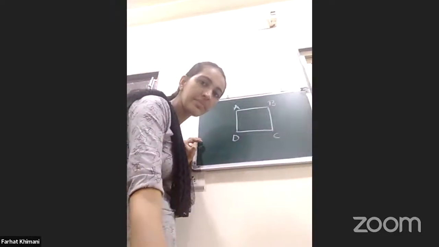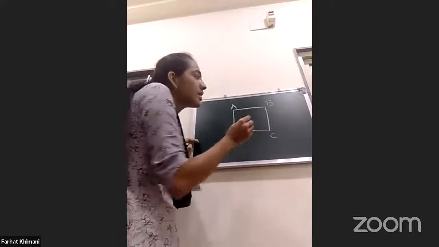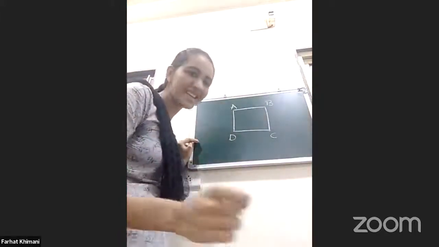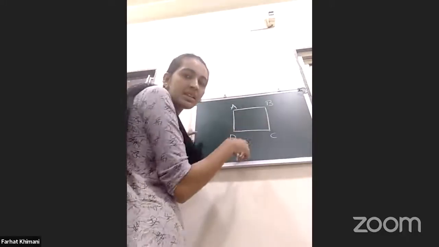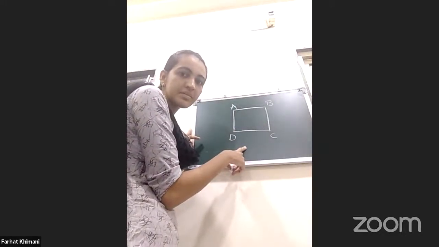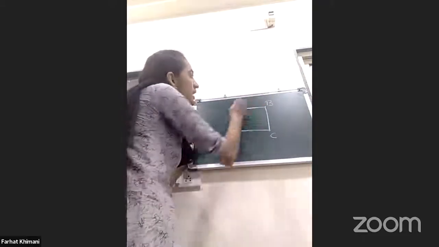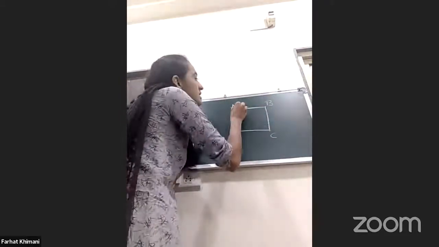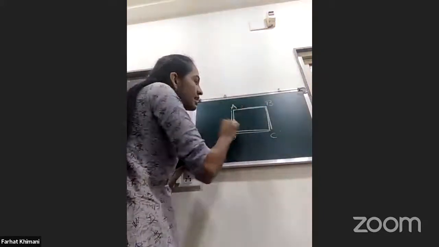See, Dhairya. So see, this is a square. Can you see this? I can. Okay. So this is one side, that is AB. I have named this square A, B, C, and D. So this is side AB, this is side BC, this is side CD, and this is side AD.